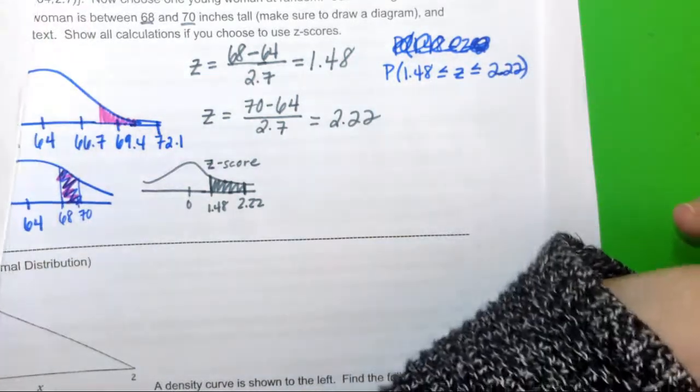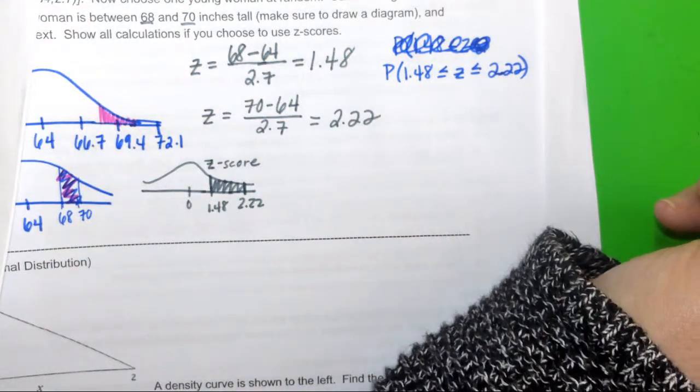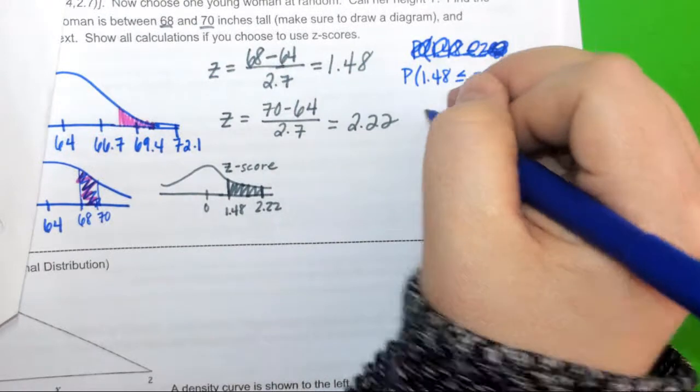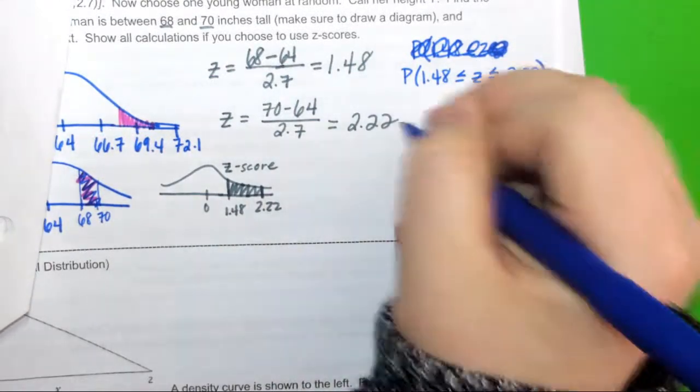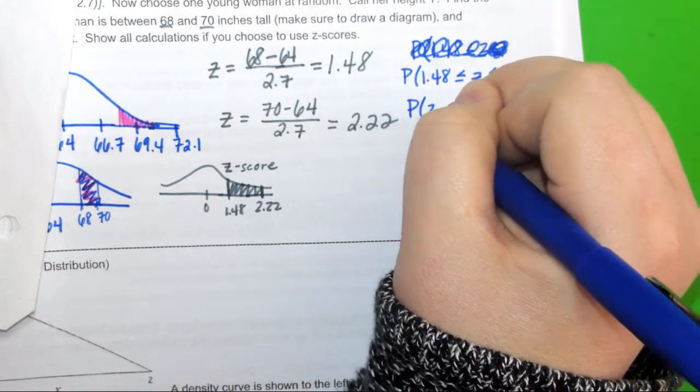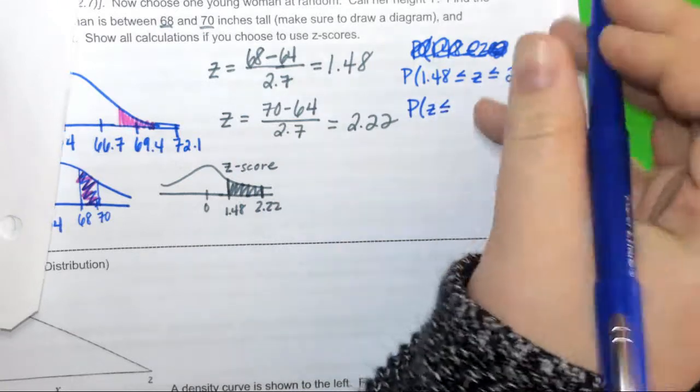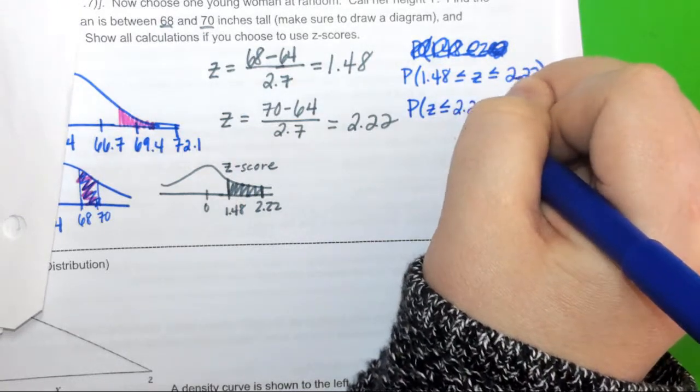But again, if I'm using my handy-dandy table, I'm going to need to break this down a little further. I can actually calculate the probability that it's less than 2.22.